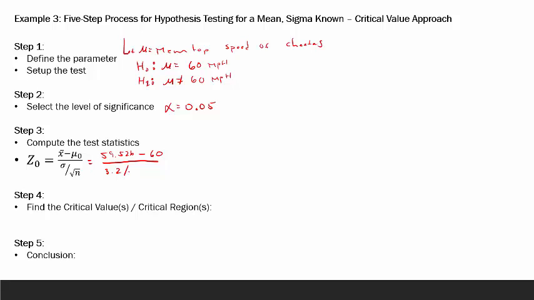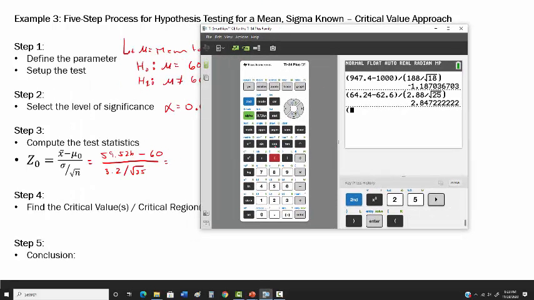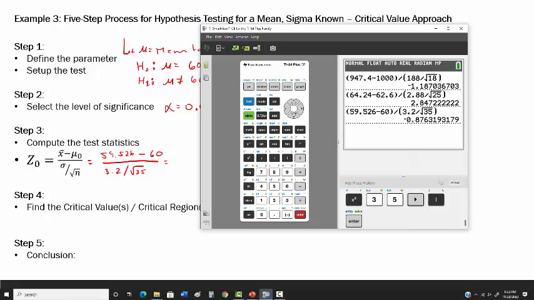The researcher sampled 35 cheetahs. So in parentheses, 59.526 minus 60 divided by 3.2 divided by the square root of 35. And you should get minus 0.876.